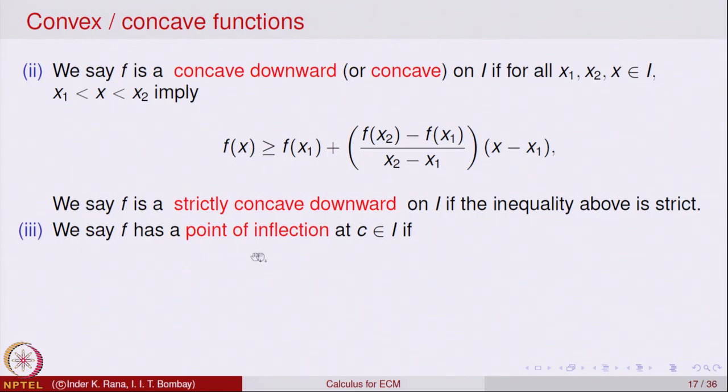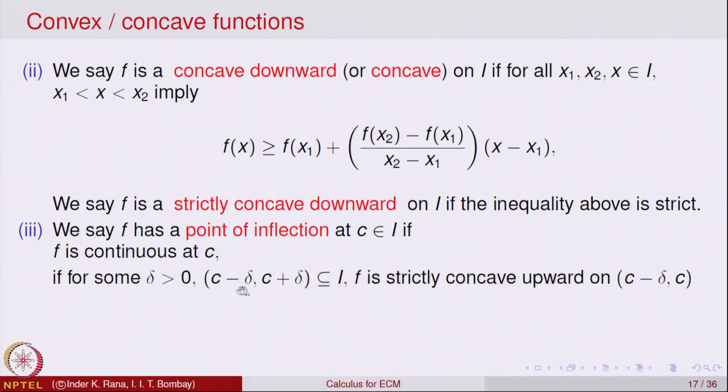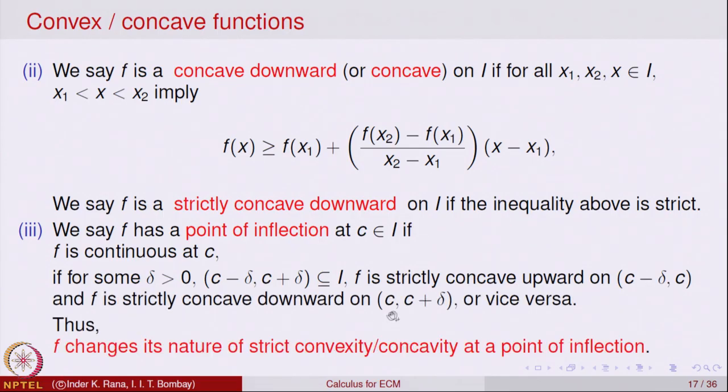So, we say a point C is called a point of inflection if f is continuous at C first of all, there should not be any break in the graph of the function, and there is an interval C minus delta to C plus delta such that f is strictly concave upward on C minus delta to C. That means on the left of C it is strictly concave up, and on the right of it, C to C plus delta, it is concave downwards.